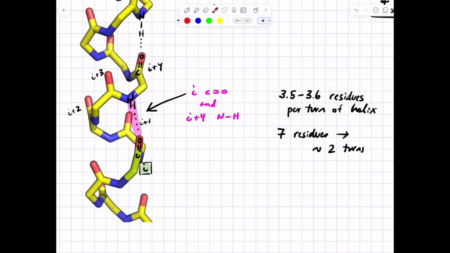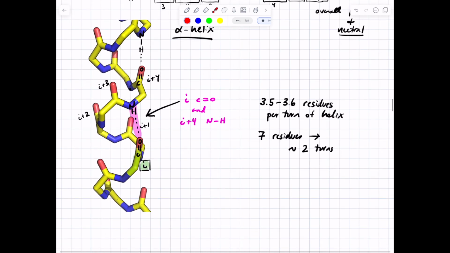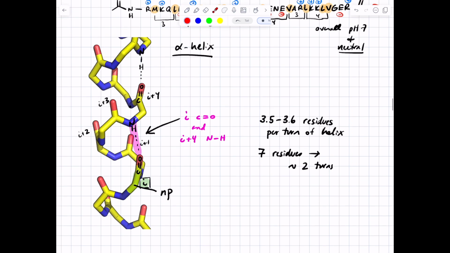Now, let's imagine what this would do for a nonpolar amino acid that is 7 spaces away from another nonpolar amino acid. Let's just go ahead and count. Let's imagine we put a nonpolar side chain here. Okay, count 1, 2, 3, 4, 5, 6, and then what you can't see here is that 7th position, right?